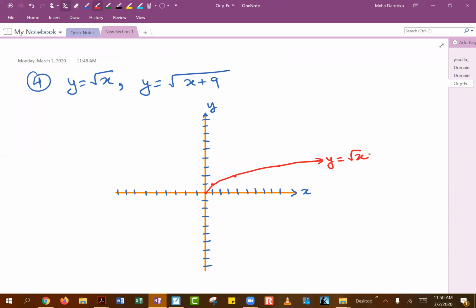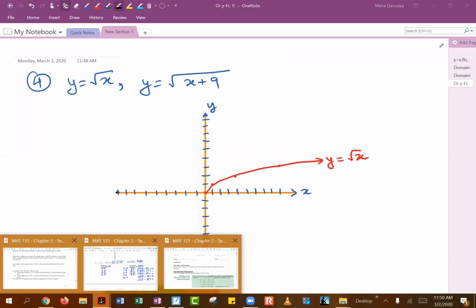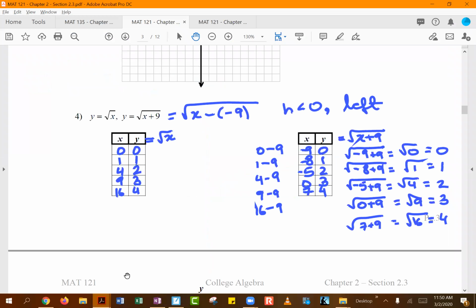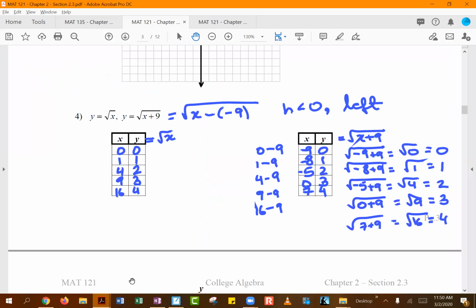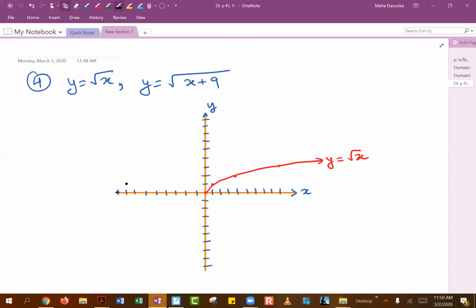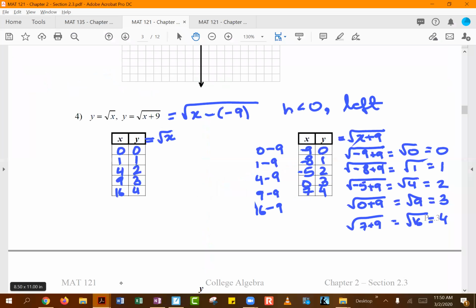And now when we do minus 9, which means you're moving 9 units to the left, you're going to be starting at negative 9, 0, negative 8, 1. What else did we have? Negative 5, 2, 0, 3, 7, 4.